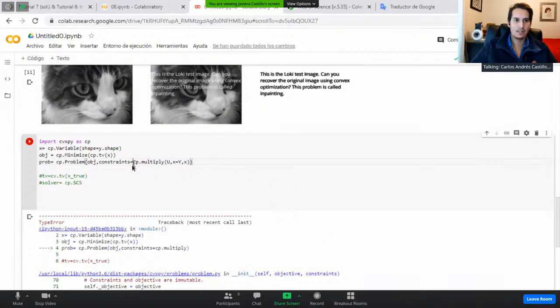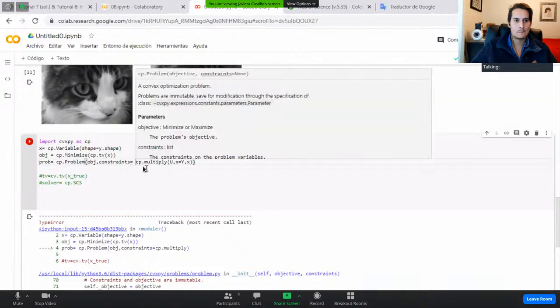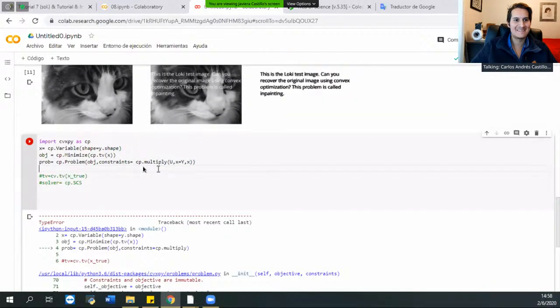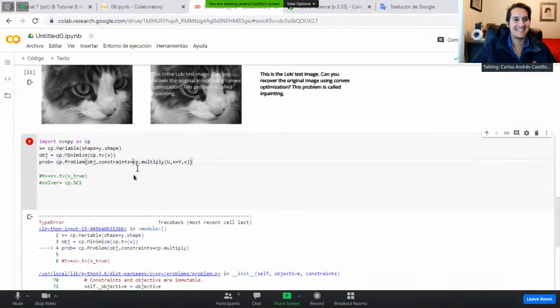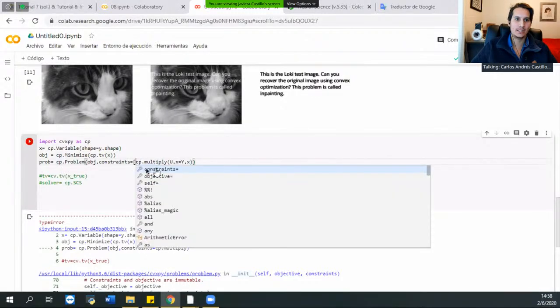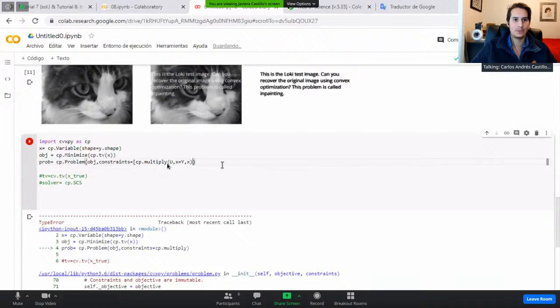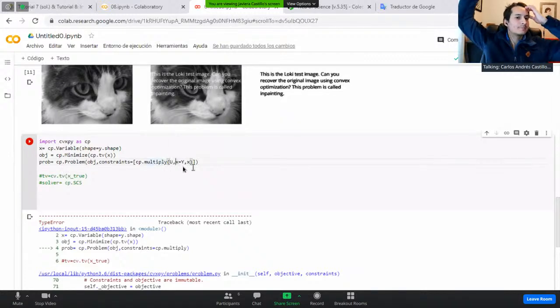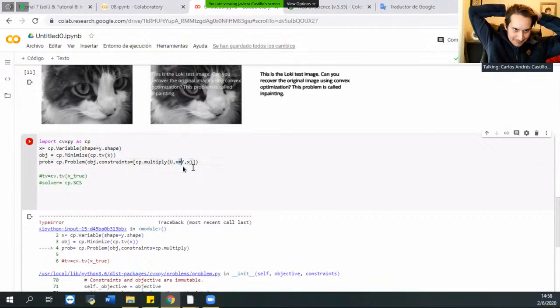So in that part there where you have your cursor, you need to add a square bracket. Corchete. Okay, perfect. Because you can have more than one equality or inequality. So you have a list of equalities or inequalities. Sí, como que es corchete cuadrado y adentro tenéis que colocar cp.multiply y adentro del multiply solamente tenéis que colocar el U, x. Cierras ese paréntesis y colocas igual cp.multiply. Exactly.